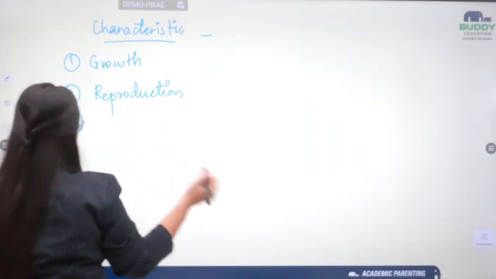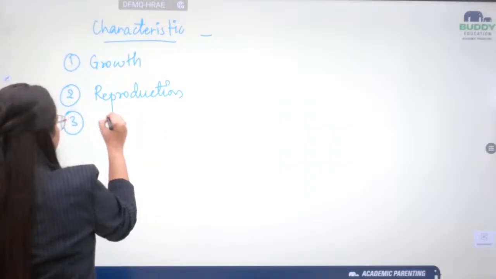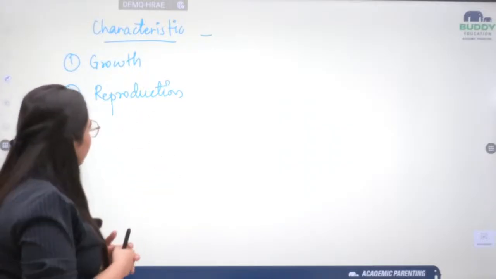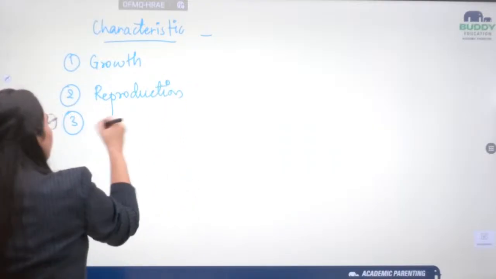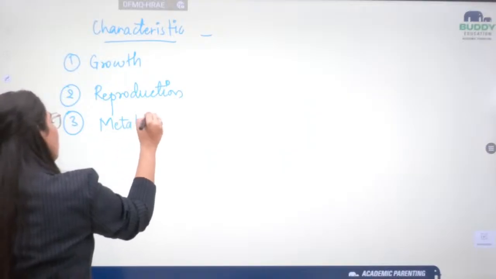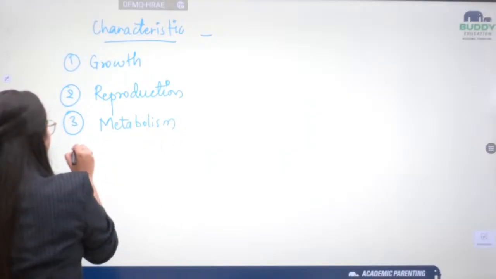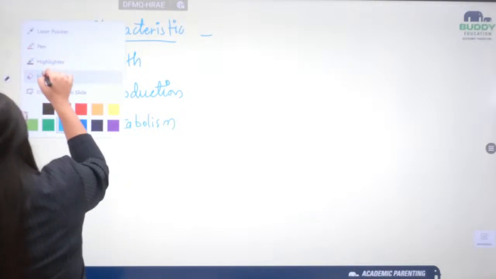Okay, I'm skipping something here, I guess. I'll go line by line only. Growth, reproduction. Then we have metabolism. Then we have cell organization. Okay, this should be point number 4.